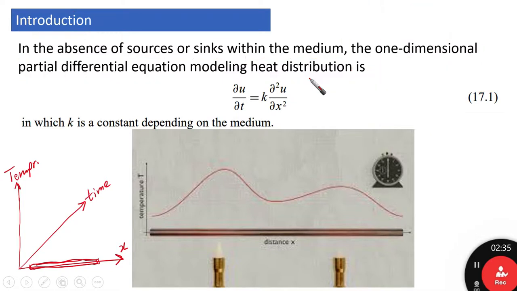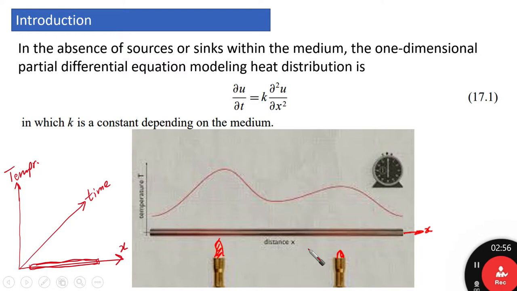Now we can think about this, as I have mentioned before, that we have a bar going in this direction along the x-axis, and we are putting a heating source here, bigger here and smaller here.